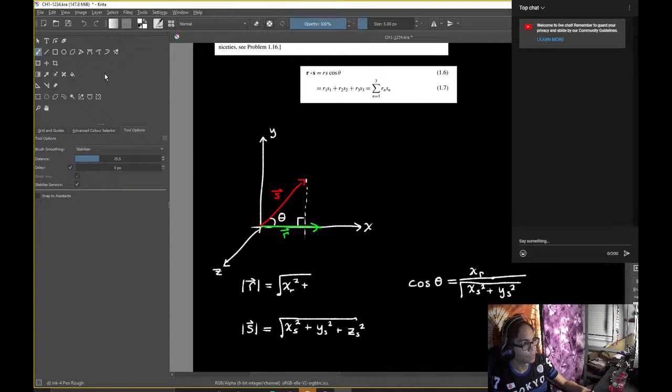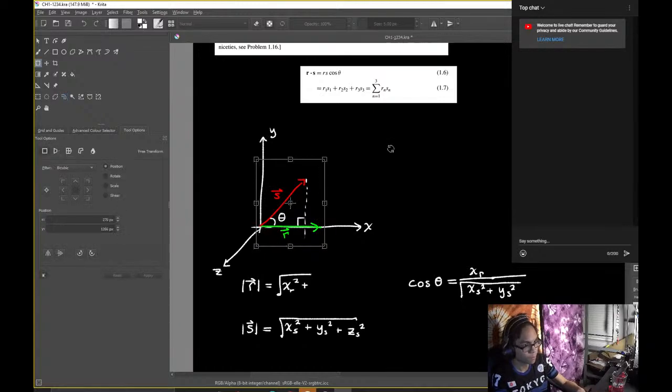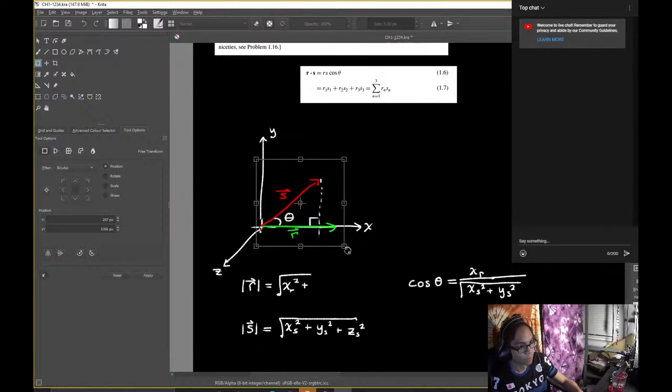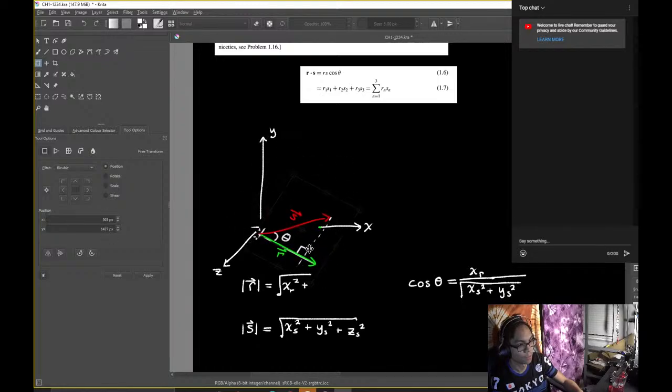So that means this thing is going to move along here. Let me morph this real quick. Oh, that looks bad. How do I skew it? Rotate.